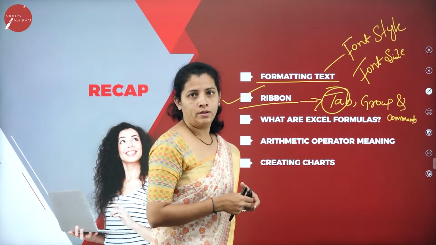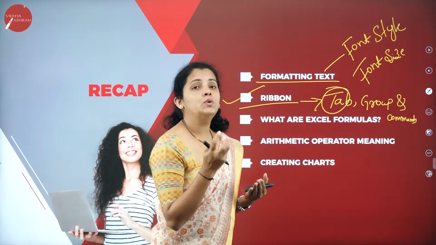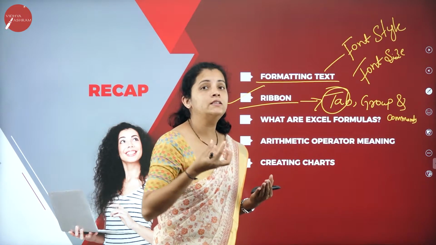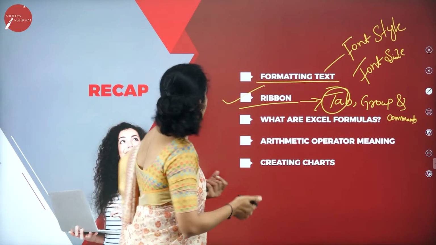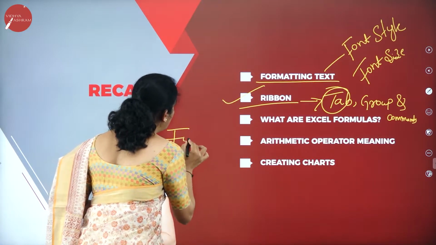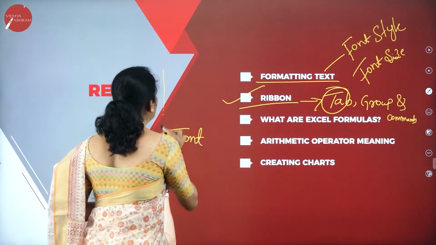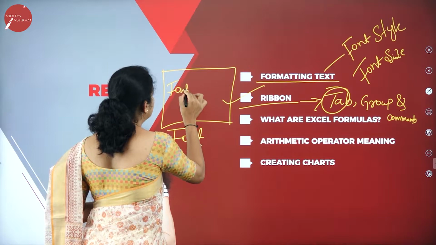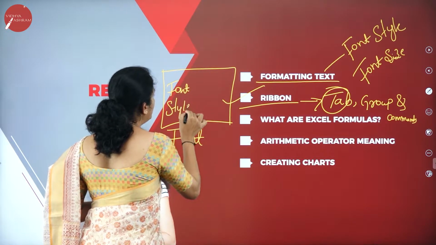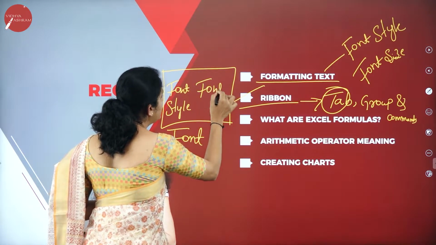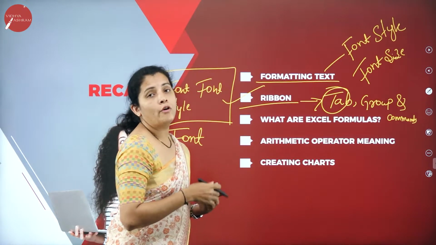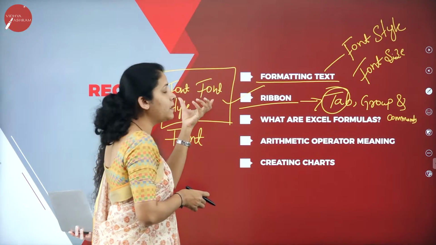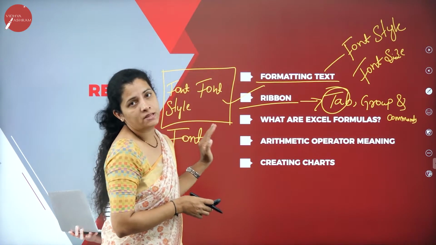Then what is group? Here group includes some of the related tabs, that is some of the related options. For example, if I consider font group, under font group I'm going to have font style, font size, font coloring, font alignment, etc. So here I'm going to have certain commands under some specific group.